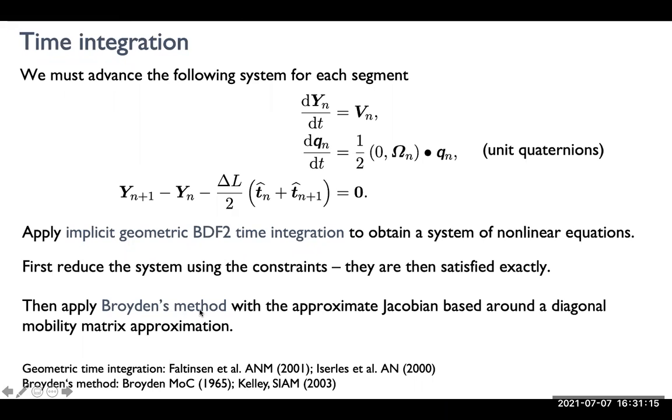And then with the remaining system of nonlinear equations, we can apply Broyden's method, which is a quasi-Newton method that starts off with a guess at the Jacobian, and we can form a guess at the Jacobian using a diagonal approximation of our mobility matrix.